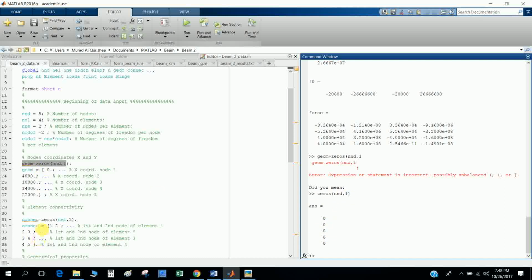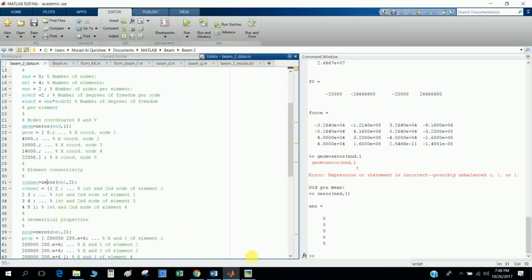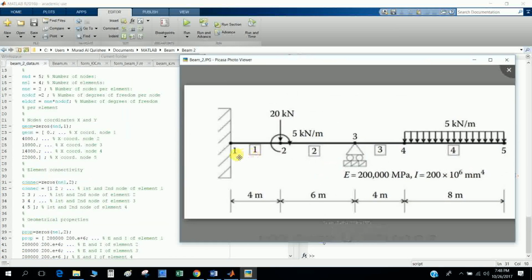And then the connectivity matrix. It depends on the element. Element number 1 connects to 2, and 2 connects with 3, 3 connects with 4, 4 connects with 5.